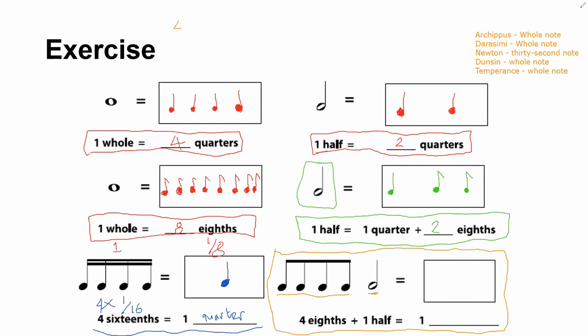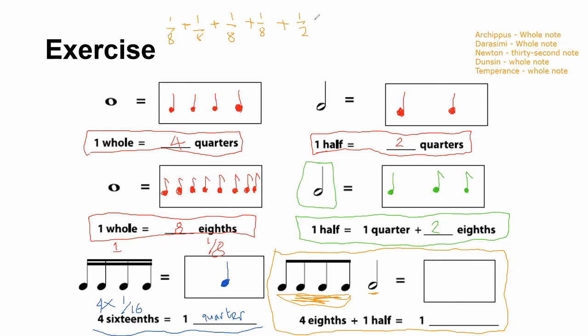So another way you could do it, let me do it this way. You have 4 8th notes. So 1/8, 4 times: 1/8 plus 1/8 plus 1/8 plus 1/8. That is the first 4 8th notes here. Then you have a plus, you have a half note here. This is a half, so you have plus a half, which is 1/2.